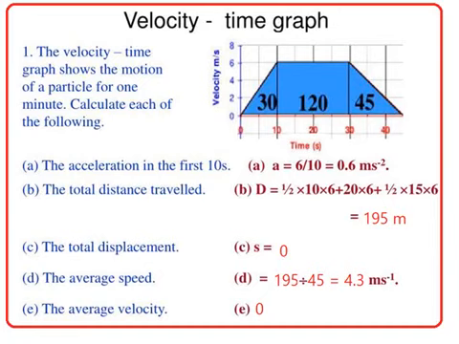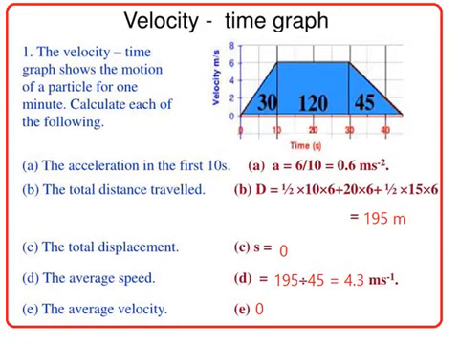Average speed. The average speed is given by the formula total distance divided by total time. The total distance here, we have calculated previously, is 195, and the total time is 45 seconds. When you divide both these, you get 4.3. So the average speed is 4.3 meters per second.